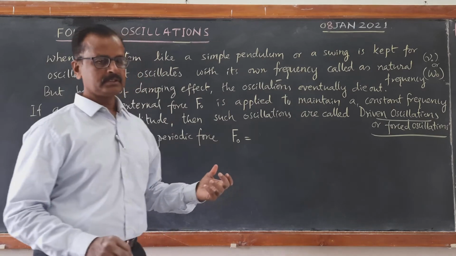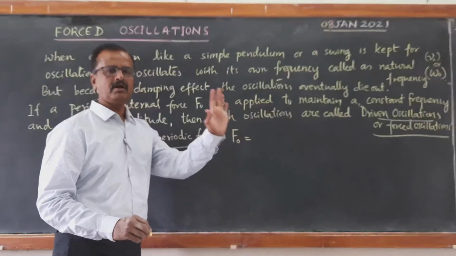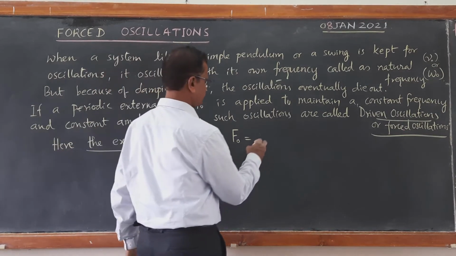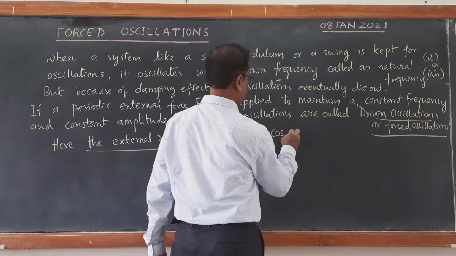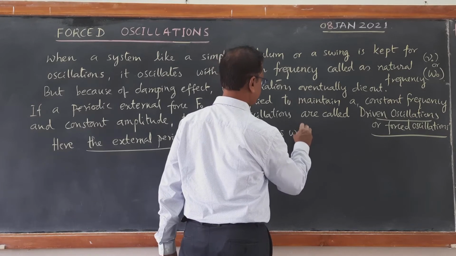So we will use the term F naught for the external periodic force, which is helpful for driving the oscillations, right? F naught is given by the equation A cos(omega D t plus phi).